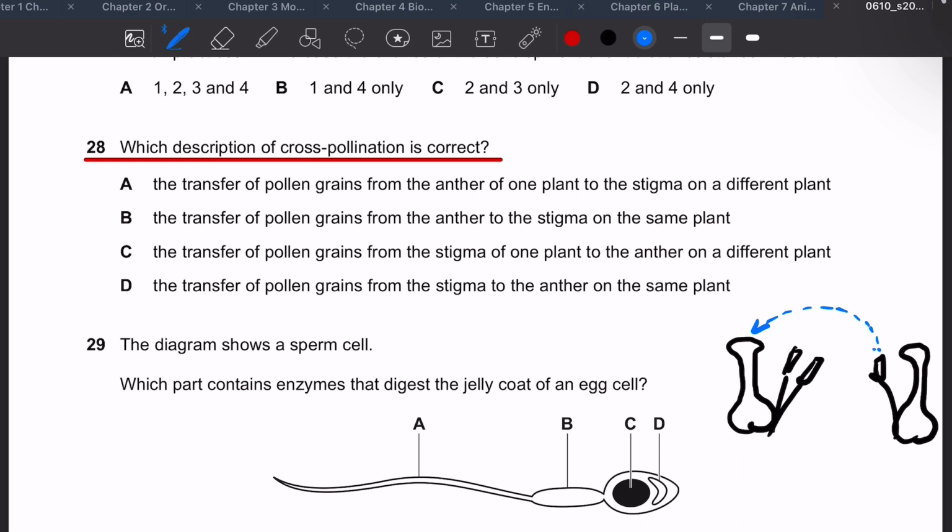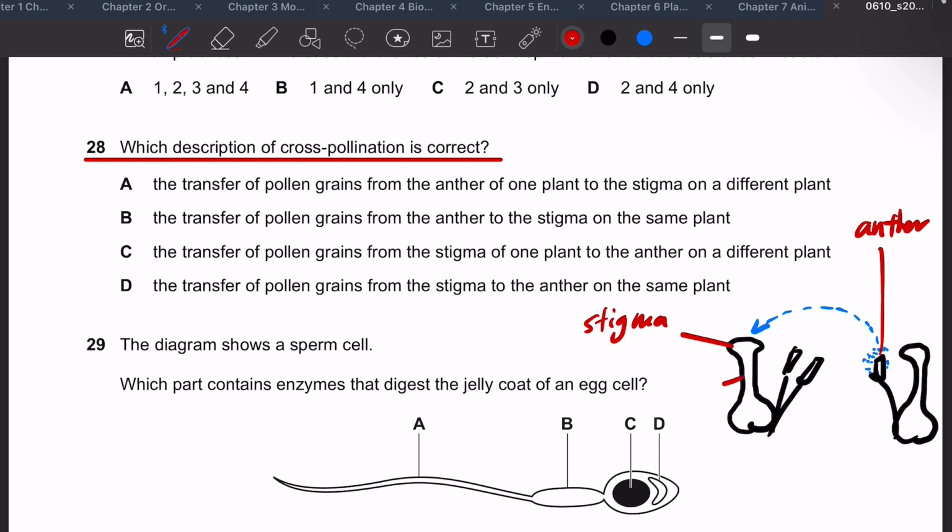So pollen grains are usually present in a structure called anther, and it arrives in the part called stigma. So anther is the male part of the flower, and stigma is a part of the female part in the flower.